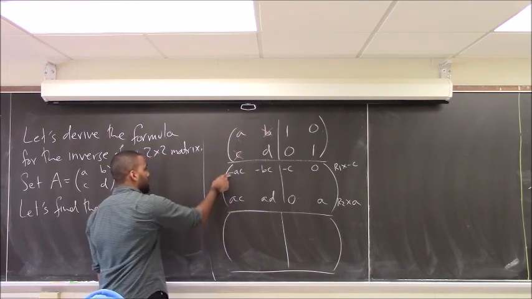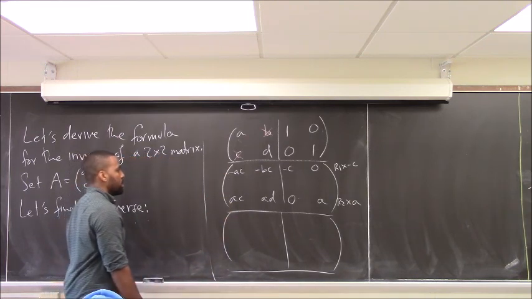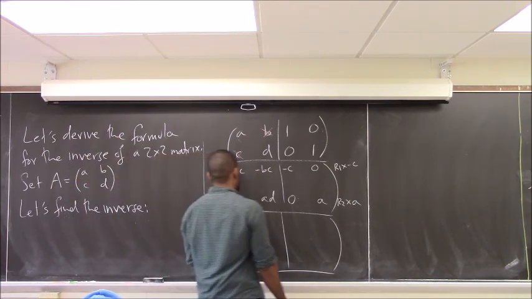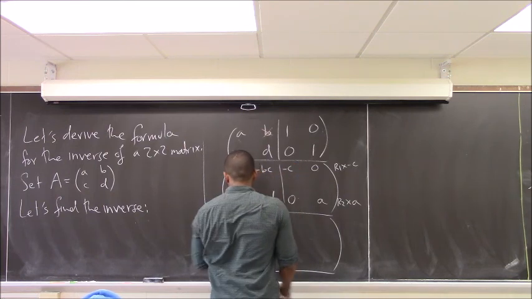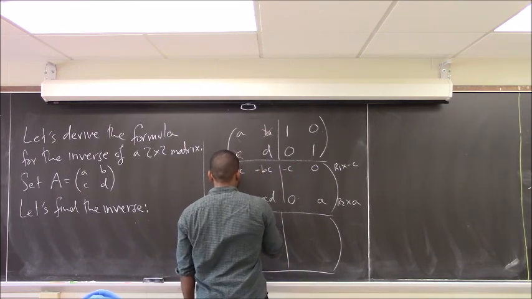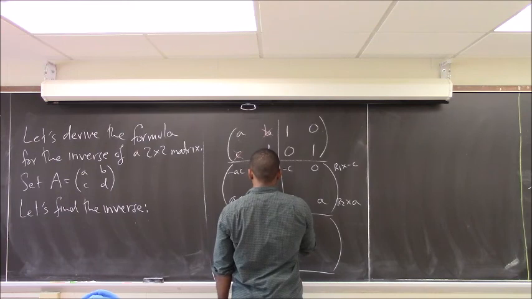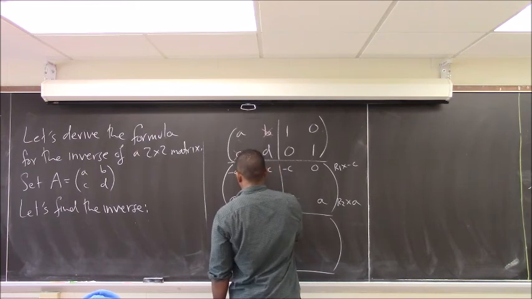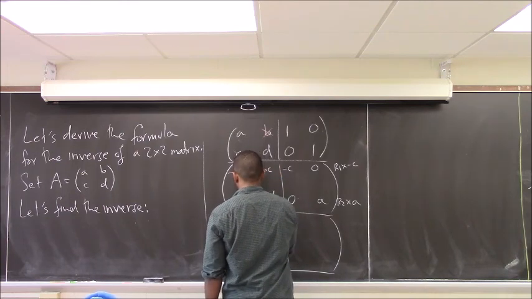That creates the same thing in the first column, and then I can just add them and put in the bottom 0.